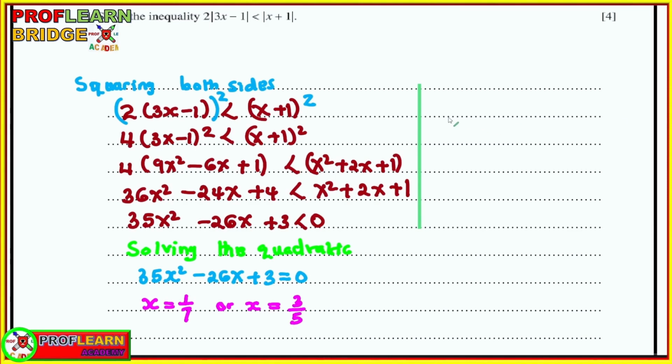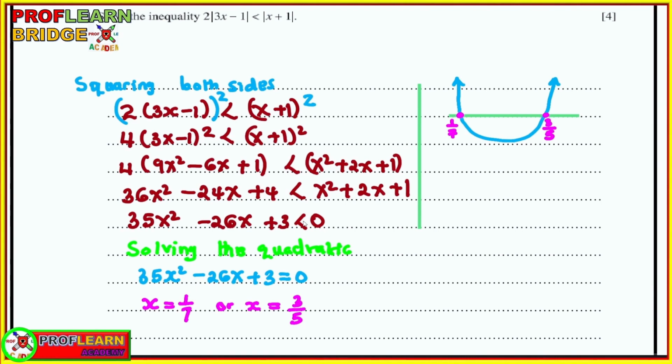If you draw this graph, remember it has a positive x² coefficient, which means this graph is going to open upwards. So we have this solution and this solution. How do you choose which is the solution for this inequality?